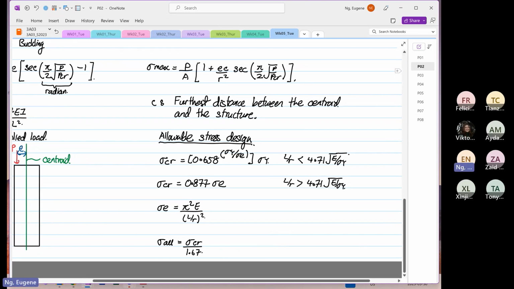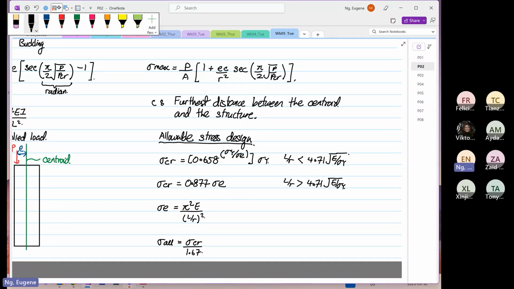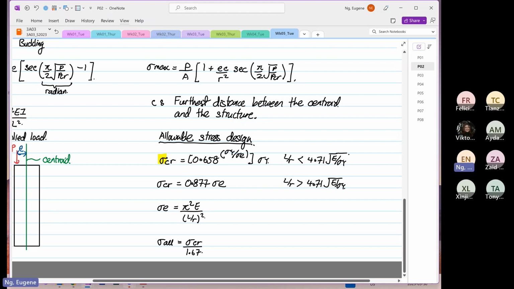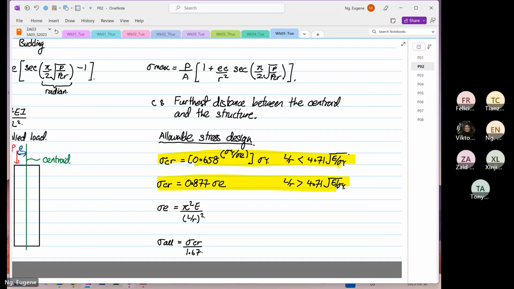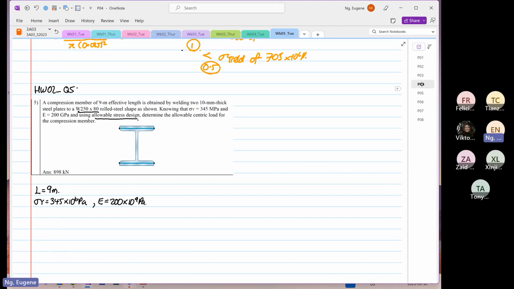So I think the most important thing is these two conditions over here, where I'm going to highlight them. These two conditions are critical: when to use what formula, okay? So after knowing all this, right?